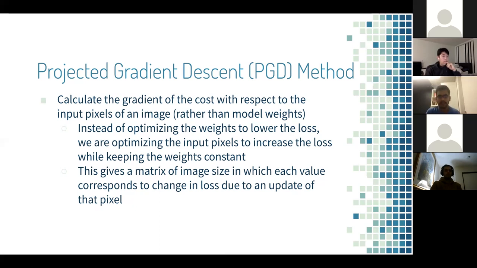Yeah, so that's basically the crux of it. You calculate the gradient of the cost with respect to the input pixels of an image instead of the model weights. Yeah, so each time you start off with an original uncorrupted image, and you keep using gradient descent to make that image worse and worse.